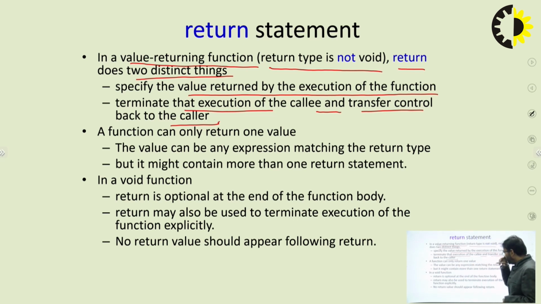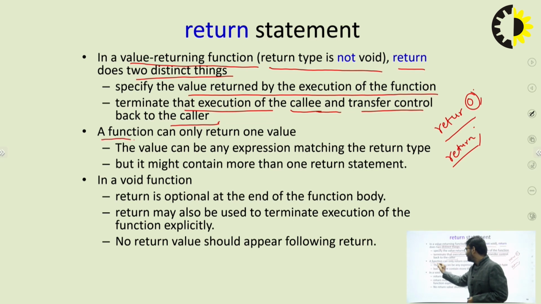It means we can use the return statement in two ways. With return 0, it will return 0 to the calling function, or we can write return semicolon. It means it will transfer the control to the calling function.